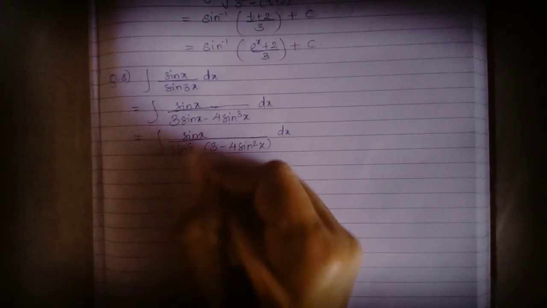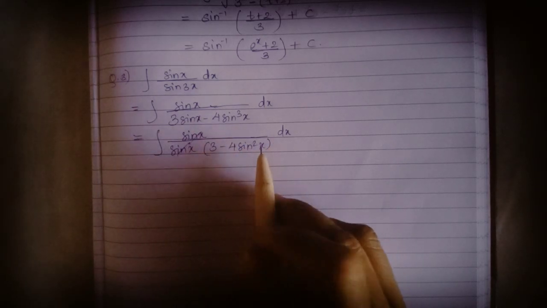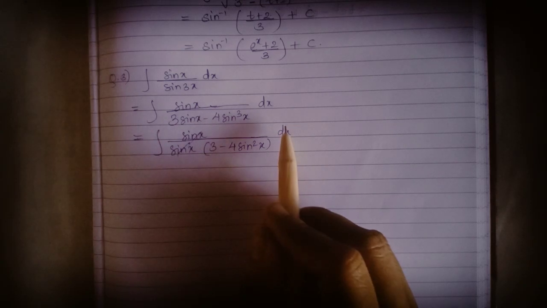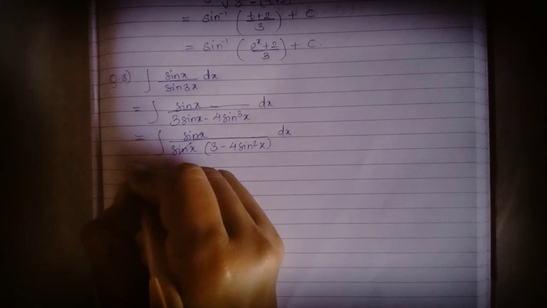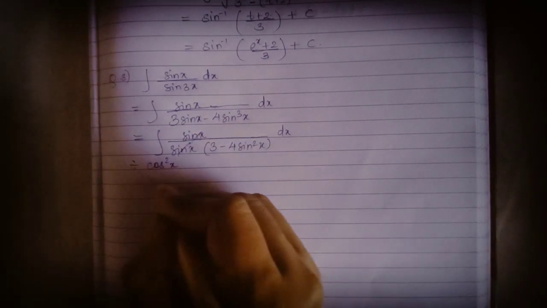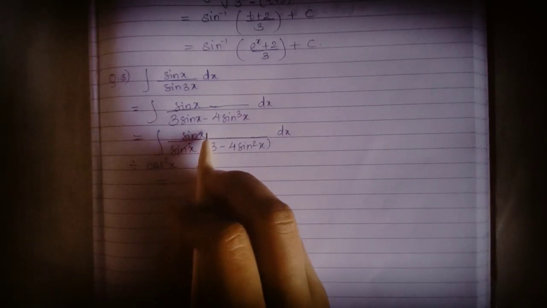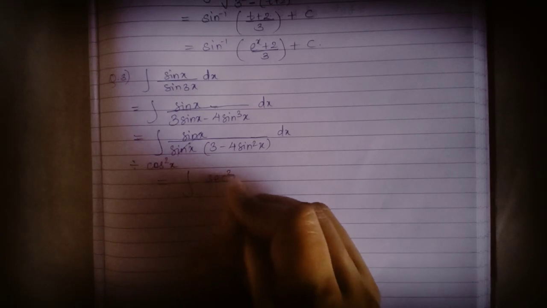Okay, so this is of the type 1 upon 3 minus 4 sine square x, and this type of integrals we have learned, that is you have to divide by cos square x. Okay, divide by cos square x, both numerator and denominator. So dividing by cos square x, in the numerator it will become 1 upon cos square x, which is sec square x.